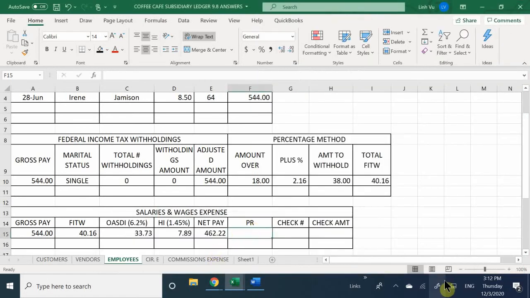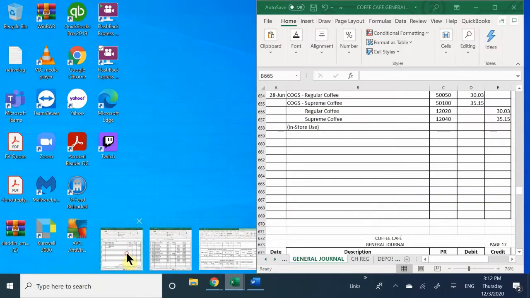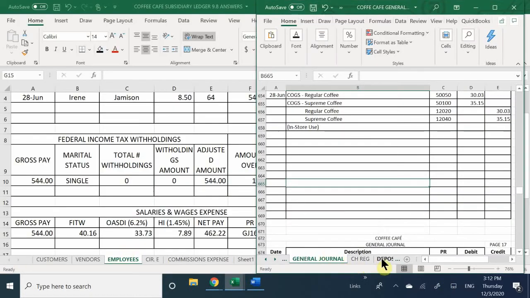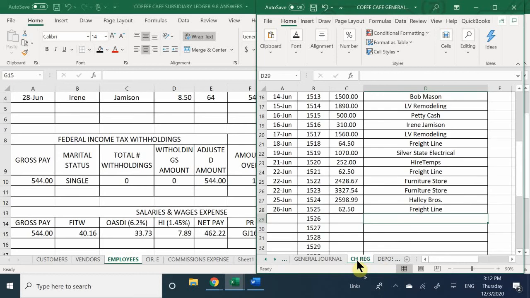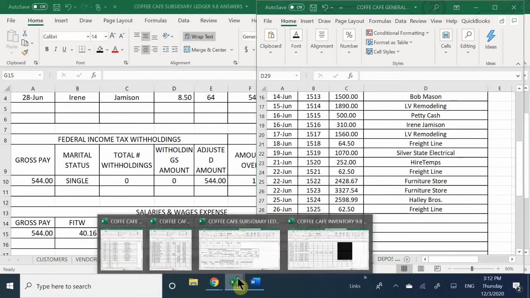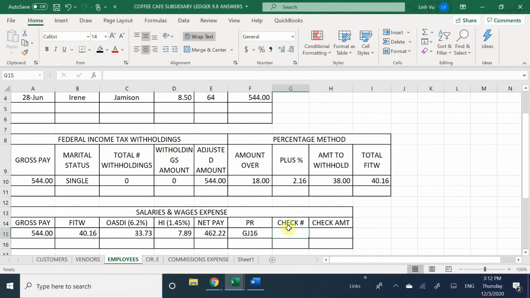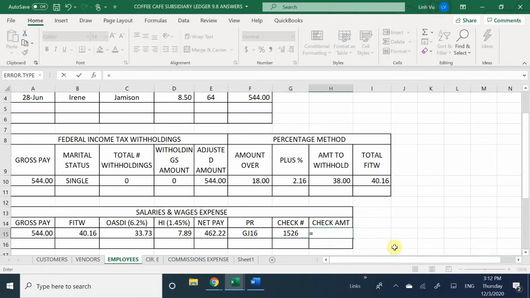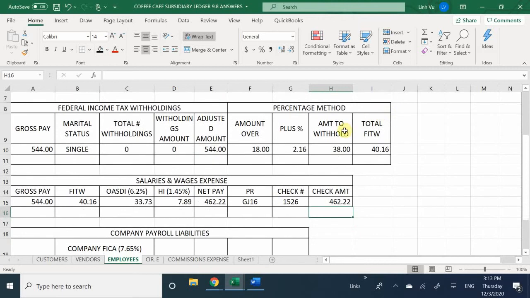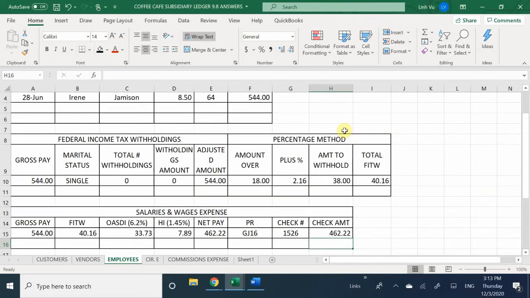Now let's verify what check we're going to give her. Check number 1526, and for what amount? $462.22. That's how I made it simpler and easier for you to calculate this.